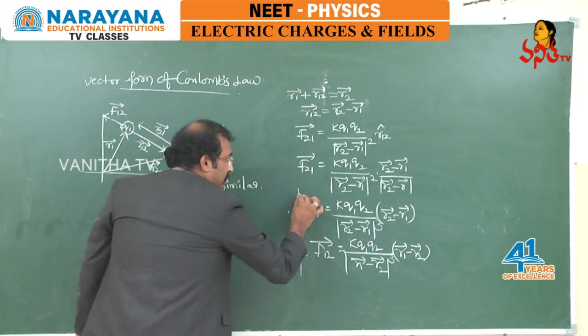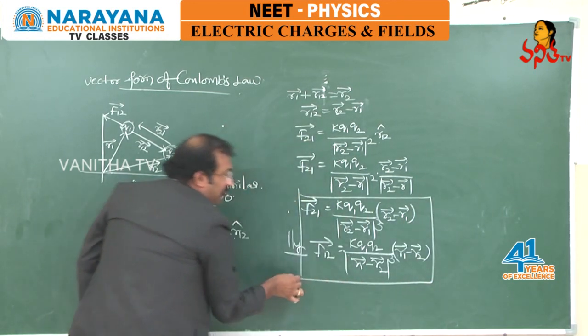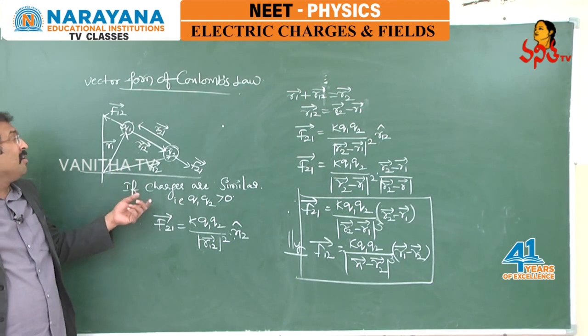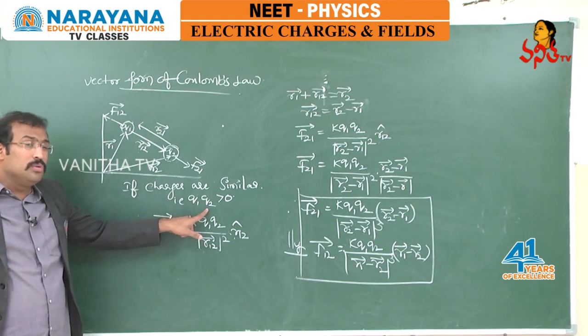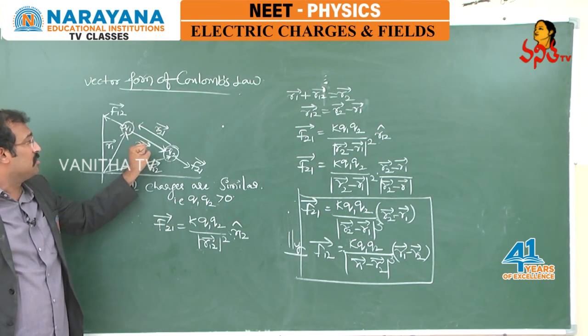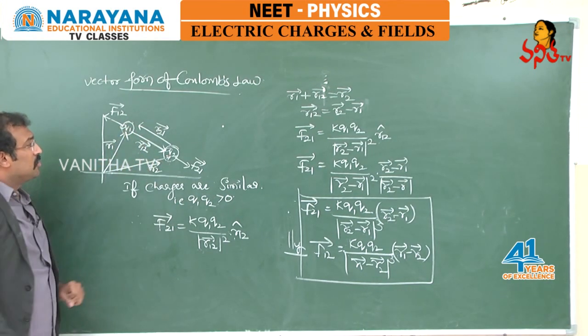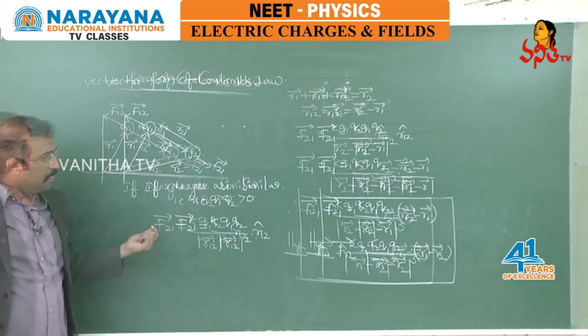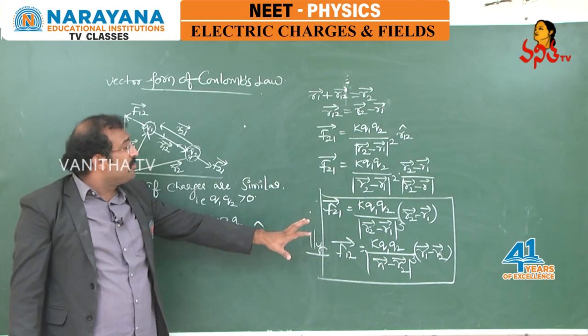This is the way that we represent the vector form of Coulomb's law. Similarly, if the charges Q1 Q2 is less than 0, there will be attractive forces. One will attract the other, so the force directions will change. So this is the vector form of Coulomb's law.